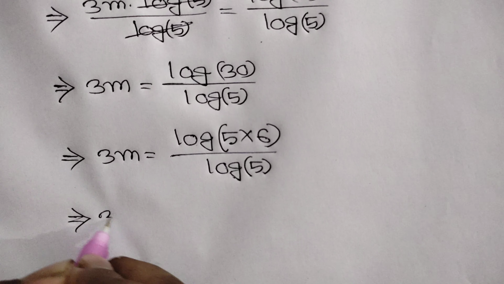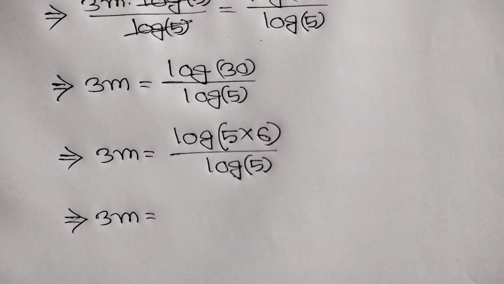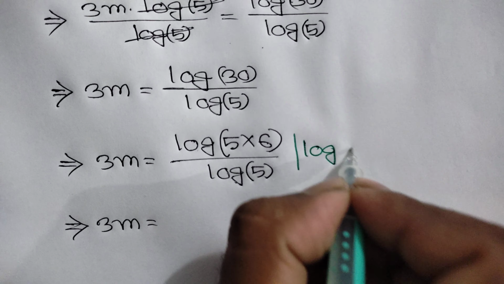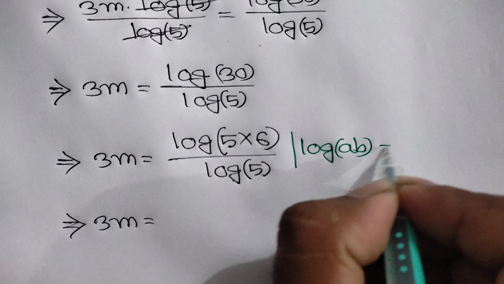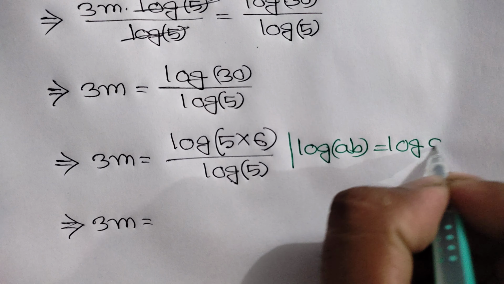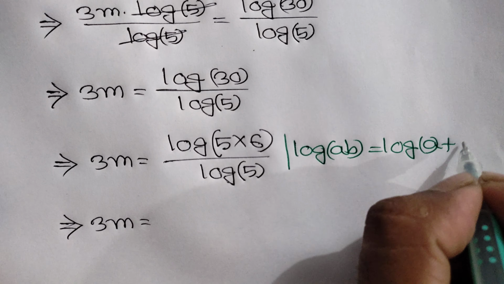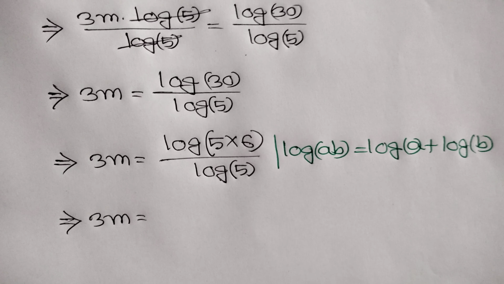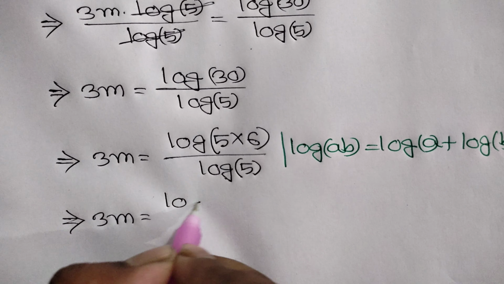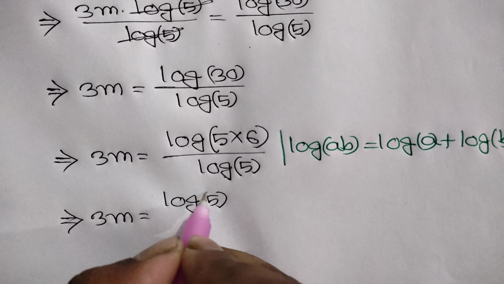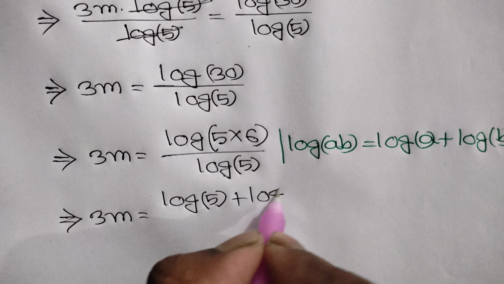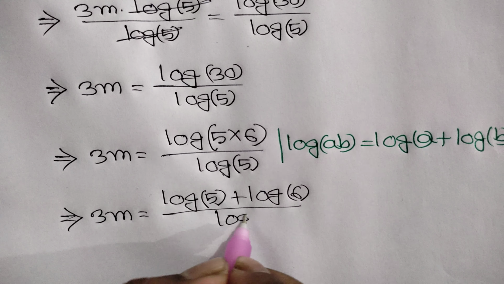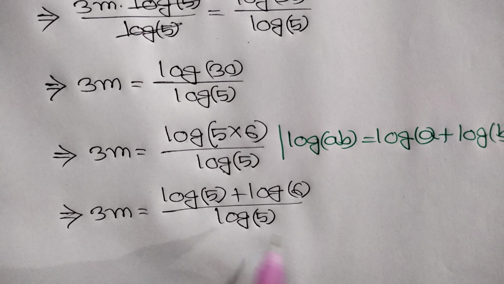So 3m is equal to, again we know a logarithm formula, log of ab is equal to log of a plus log of b. Now applying this formula, we can write log of 5 plus log of 6 over log of 5.